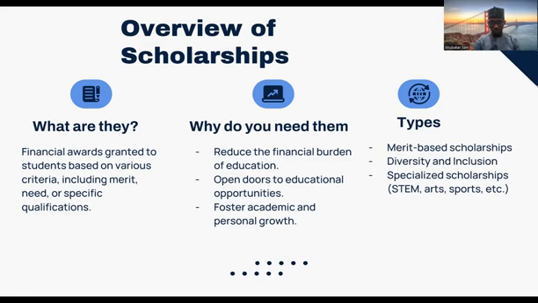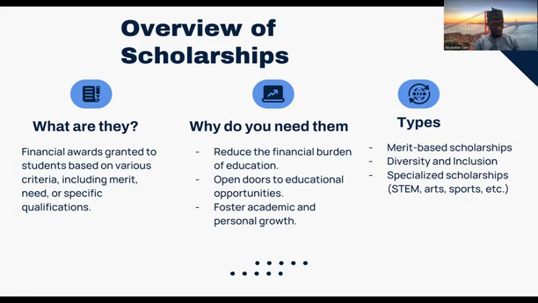They come in different shapes, as we mentioned earlier. We have merit-based scholarships. These are based on excellence, so based on your academic background, that's how you get your scholarship. You have diversity and inclusion.